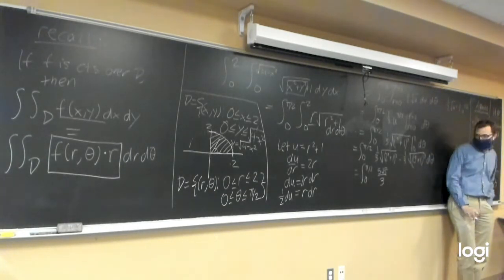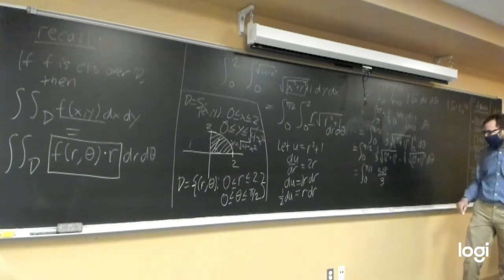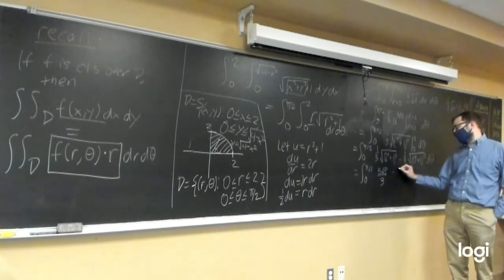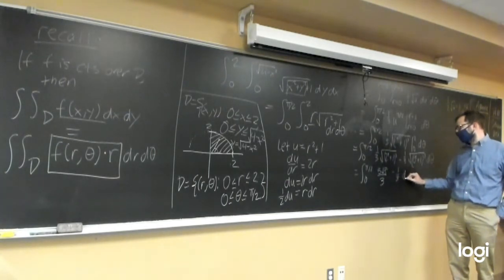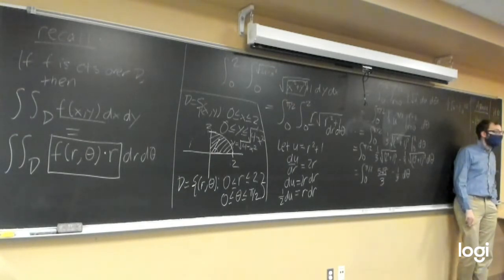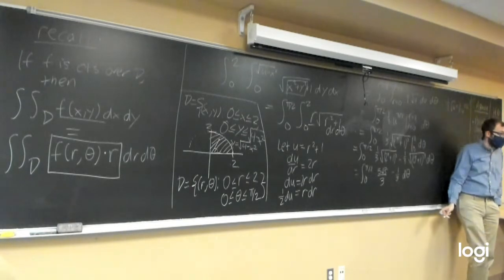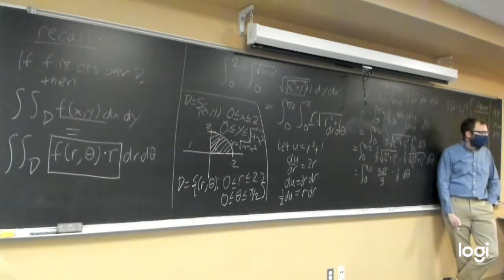Just 1. Yeah, 0 squared plus 1 is 1, 1 cubed is 1, square root of 1 is 1. And then this will give us a minus 1/3. So we did a u sub in order to do our initial r integral. We still have to integrate with respect to theta. Any questions or comments so far?